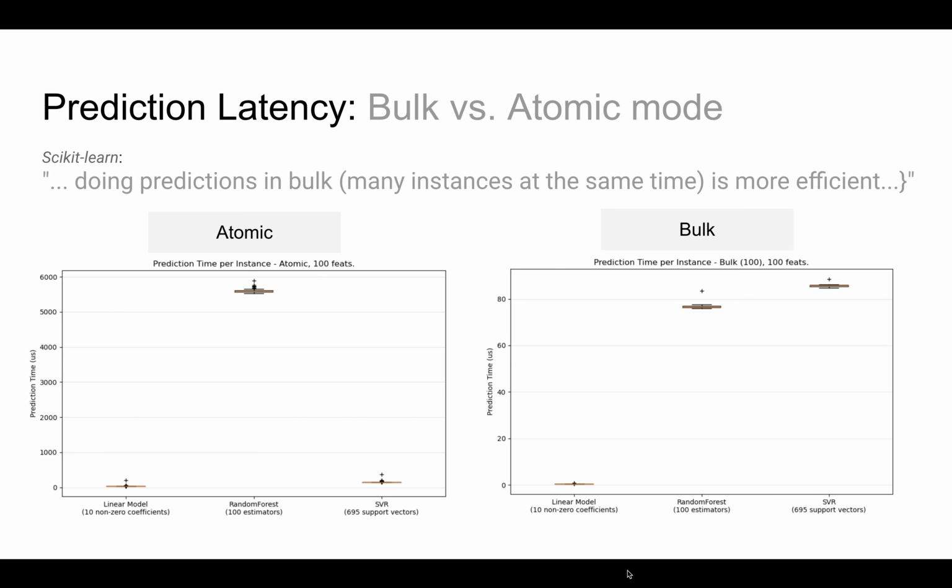For the same models, here these are bulk predictions, and we can see that the prediction time max is around 80 to 100 nanoseconds, whereas on the left hand side it goes up to 6000 microseconds. Sorry, this is microseconds as well on the right hand side.